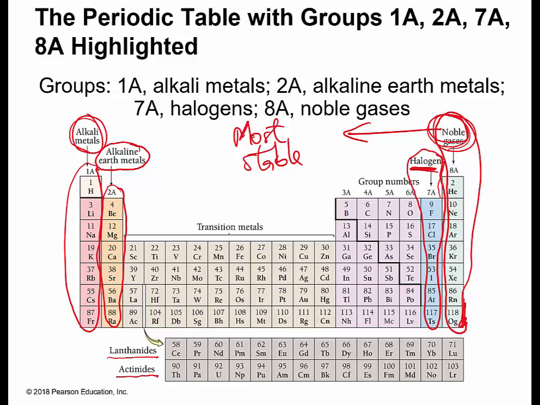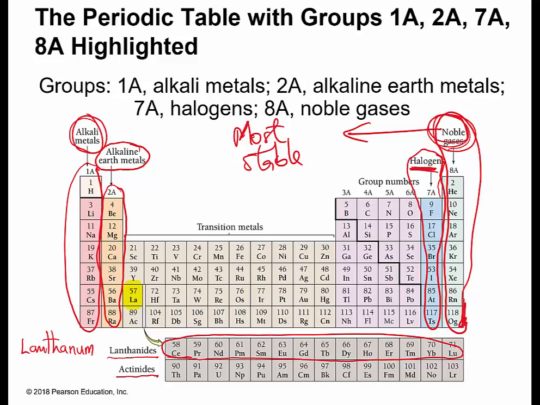Why are they called lanthanides and actinides? The reason is because for the lanthanides, the first element in that series, its name is lanthanum. And that is why all the elements in that series are simply named as lanthanides.